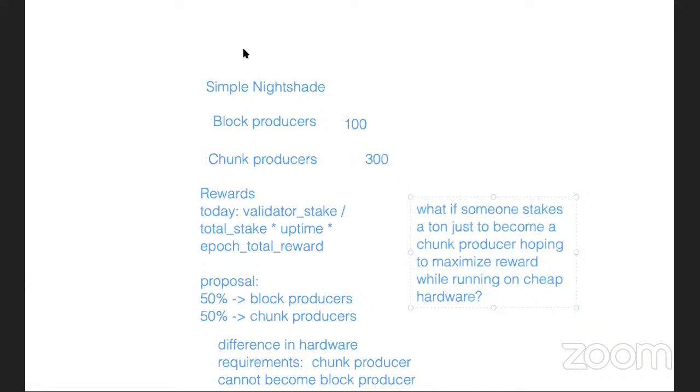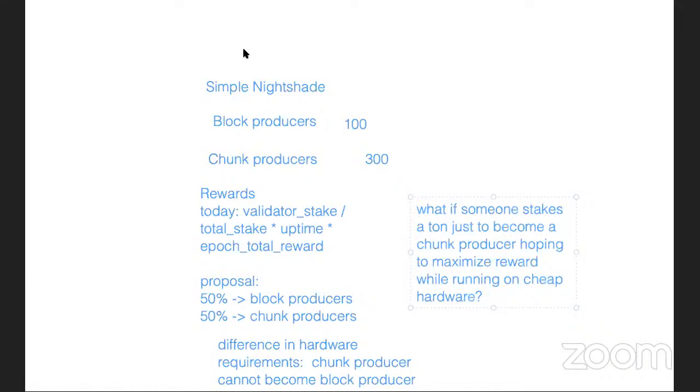But going back to what we were talking about, the attack where someone stakes a whole bunch to push a chunk producer into block producer is pretty interesting, and I'm not sure what to do about that. That's why we want to have the separate pool, right? That's to mitigate this attack. I think the original idea was, as you suggested, to put everyone's proposal together and just take the top 50 or top 100 to become block producers.